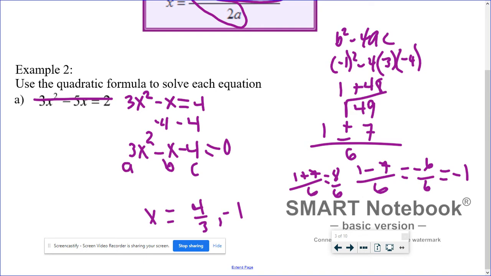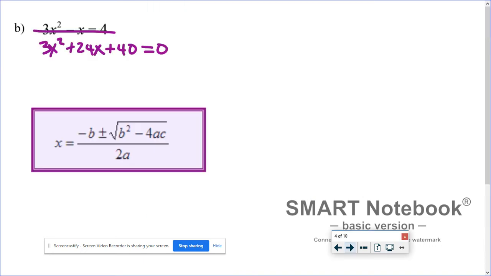Let's try another one. So 3x squared plus 24x plus 40. The numbers are a little bigger, but it's really no different. Again, b squared minus 4ac. You end up with 24 squared minus 4 times 3 times 40. 24 squared, I don't have memorized off the top of my head, so I'm going to quick punch that in.